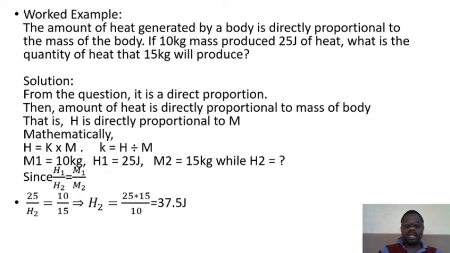Then, since H1 over H2 is equal to M1 over M2, we now have 25 over H2, 25 is the H1. So 25 over H2 is equal to 10 over 15. And that implies that H2 is equal to 25 times 15 divided by 10, which is equal to 37.5 joules of heat.